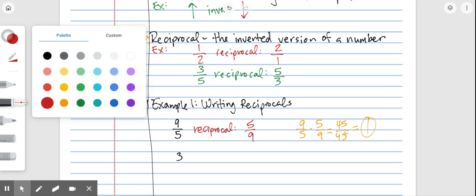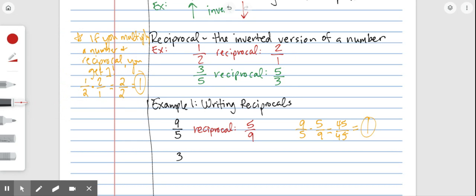Okay. Now this next one is a little trickier because 3 is a whole number. It's not written as a fraction. So I'm going to remind myself something over here that whole numbers are fractions too. Okay. The thing about a whole number is that you can put it over the number 1.